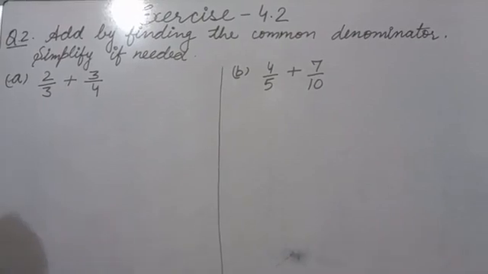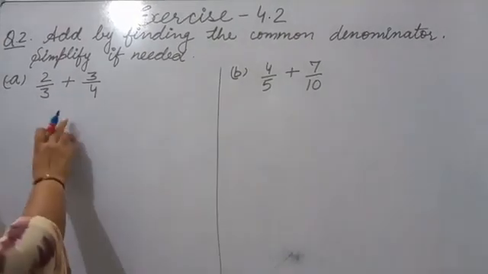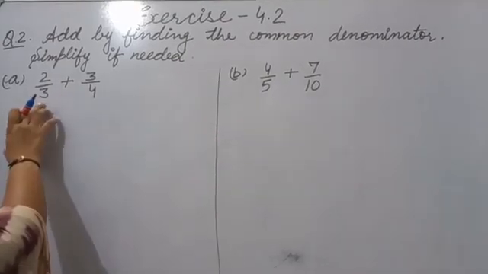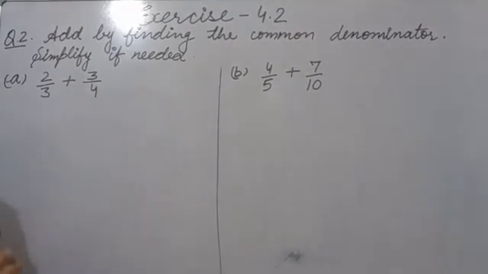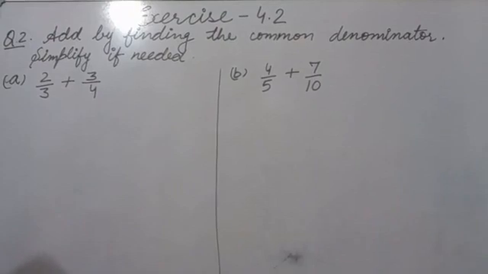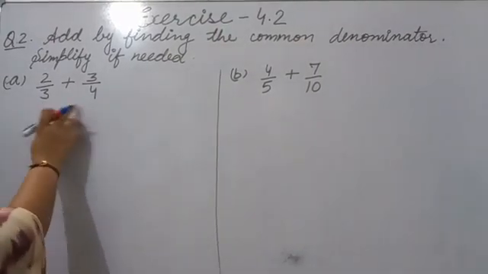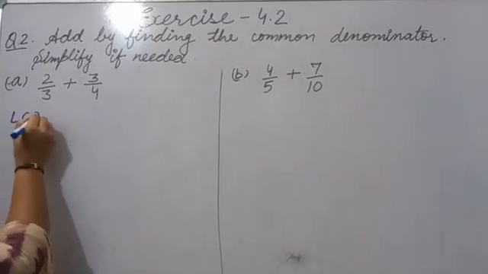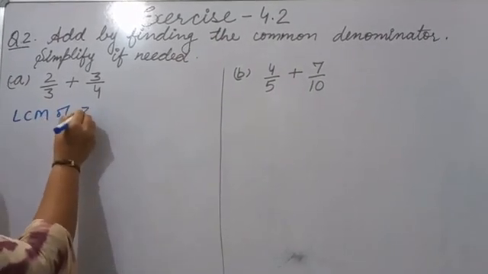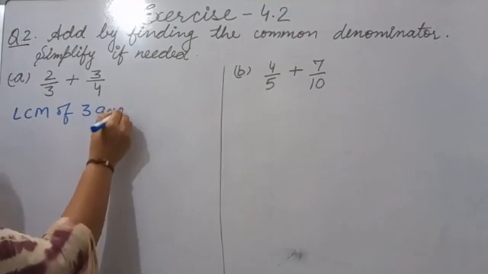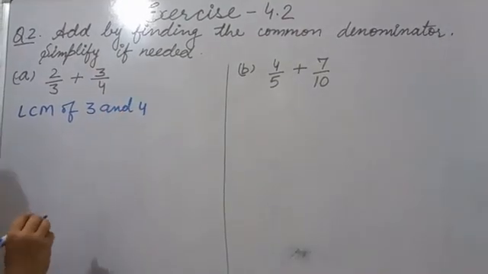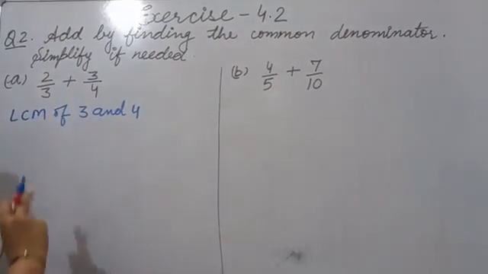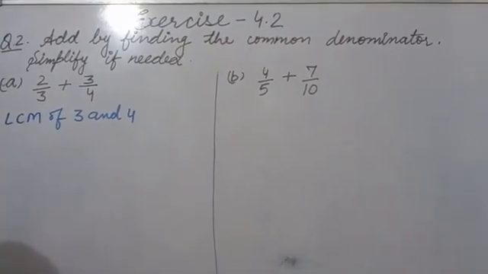2 upon 3 plus 3 upon 4. So first of all we should make them same because there is 3, there is 4. So first we make them same. How we will make them same? We take their LCM. So firstly we find LCM of 3 and 4. 4 is not a prime number, but directly you can make its LCM.